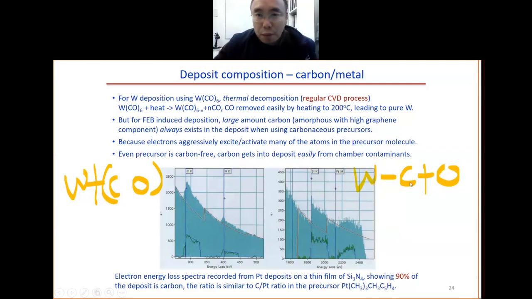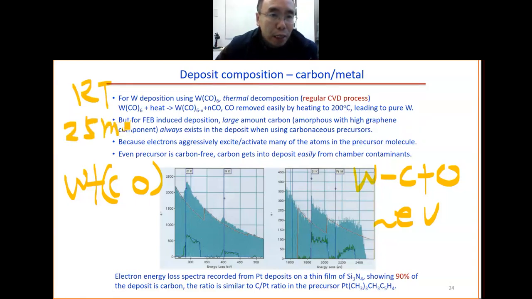tungsten. For the electron beam, we know the energy is on the order of 10 electron volts. For the temperature here, 200 degrees, how much energy is that? We know that for room temperature it is 25 milli electron volt.